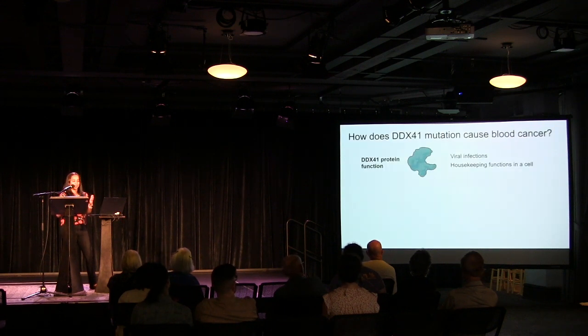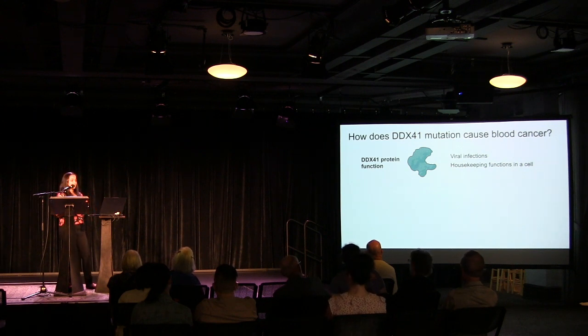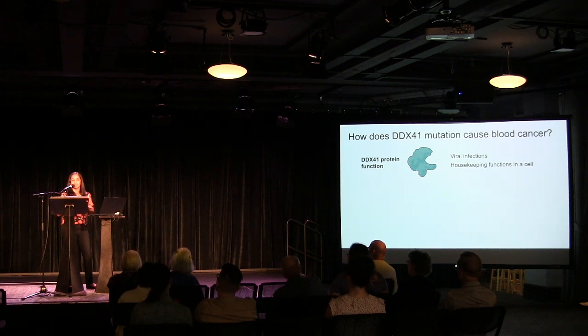So you might be wondering, okay, so what is the function of DDX41 protein? Because you said before that all proteins have different functions in our body. So this is still a bit unclear to us, but one of the main functions of DDX41 is to respond to viral infections and viruses in our body. And other than that, it plays a role in basic maintenance of cell functions, like housekeeping the cell, which is not really great because now it has so many different functions, and it's hard to really pinpoint what is the function that's going bad when you have a mutation which is causing cancer.